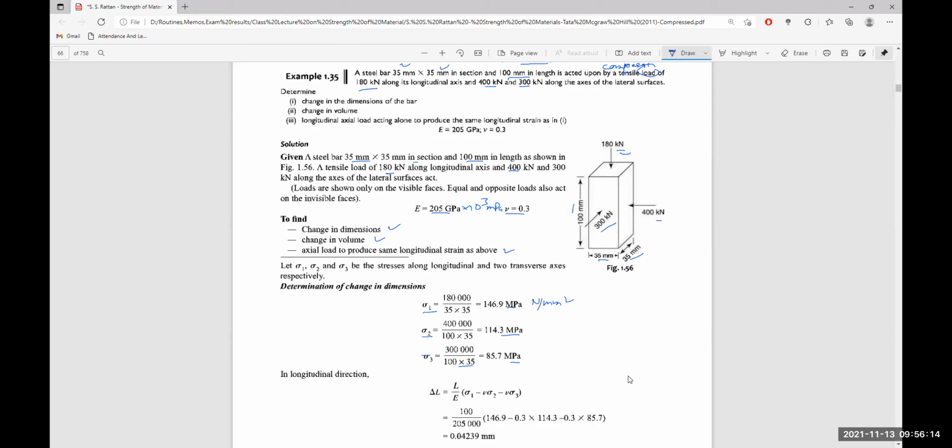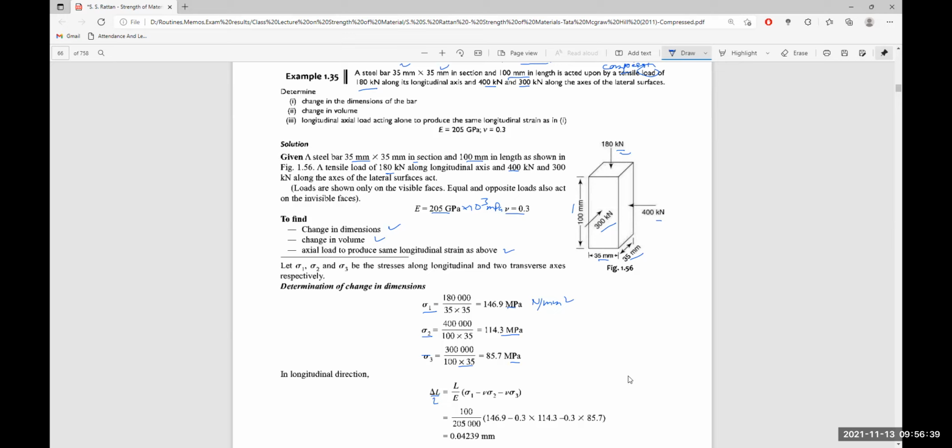The strain in the longitudinal direction is delta L over L, equal to 1 over E multiplied by sigma 1 minus mu into sigma 2 minus mu into sigma 3. We have calculated sigma 1, sigma 2, and sigma 3, and we know mu.